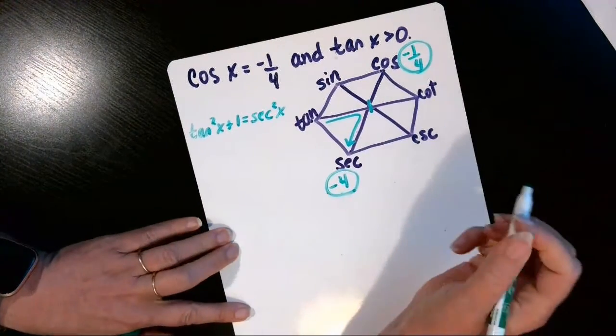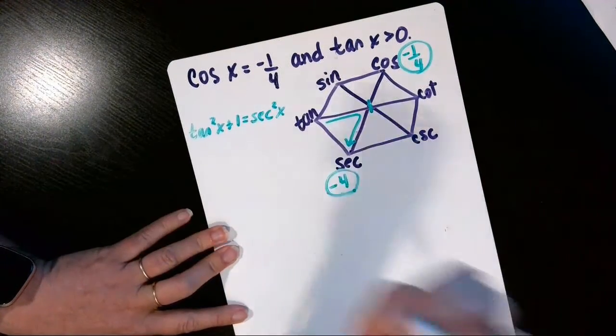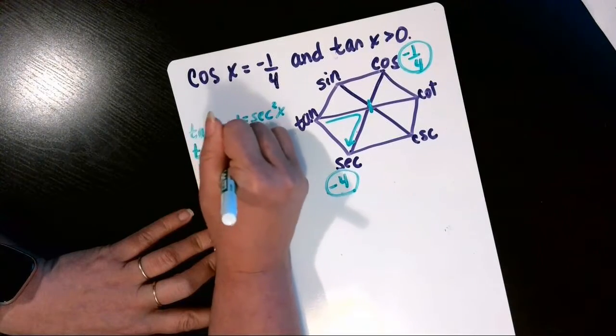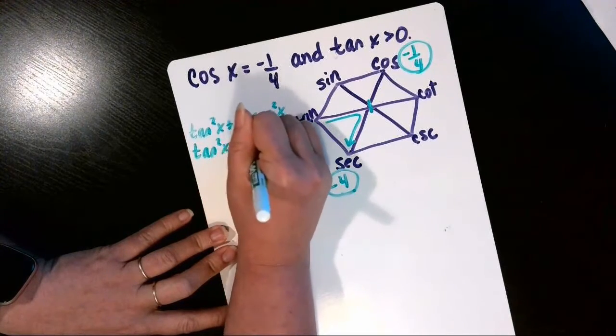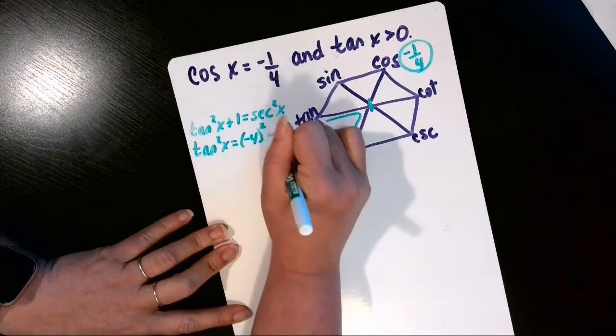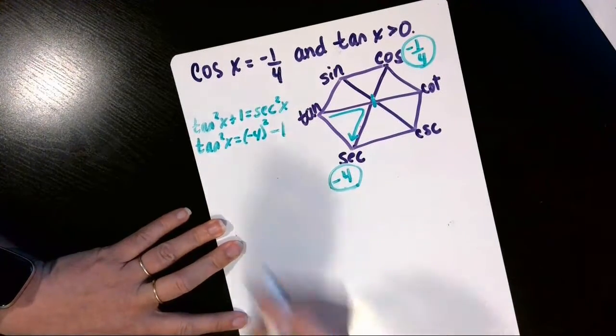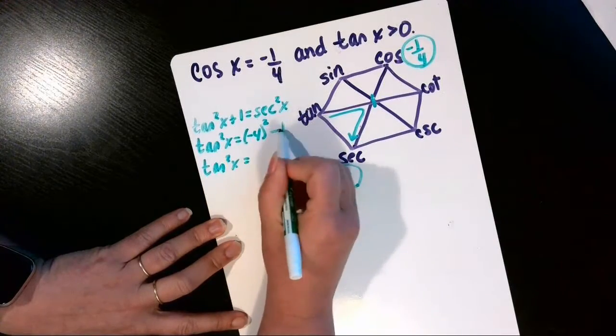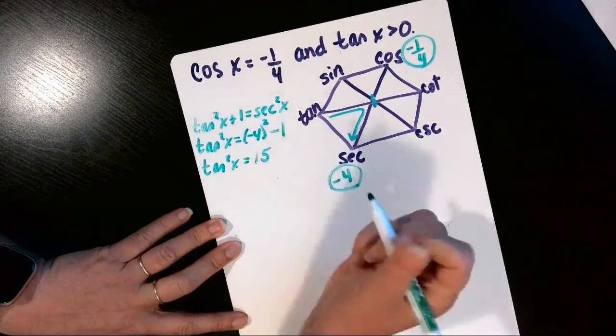So if I substitute in my secant as negative 4, then the tangent squared x is equal to negative 4, that quantity squared, and then I'll subtract that 1 over from the other side, and that's a minus 1. And then tangent squared x is equal to 16 minus 1, which is 15.